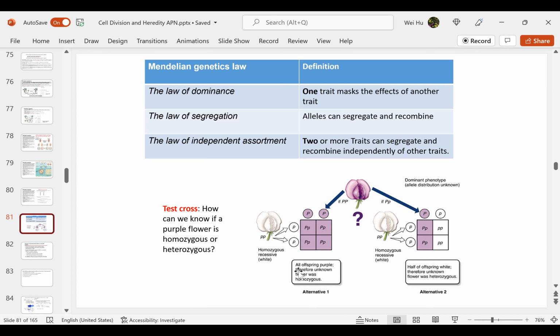Remember the purpose of doing the test cross. From the outside, you really cannot tell whether it is homozygous dominant or heterozygous dominant. You need this test cross to check.